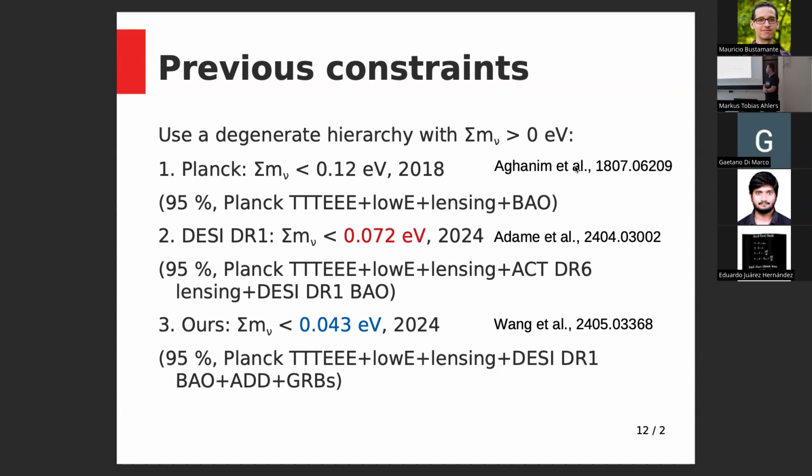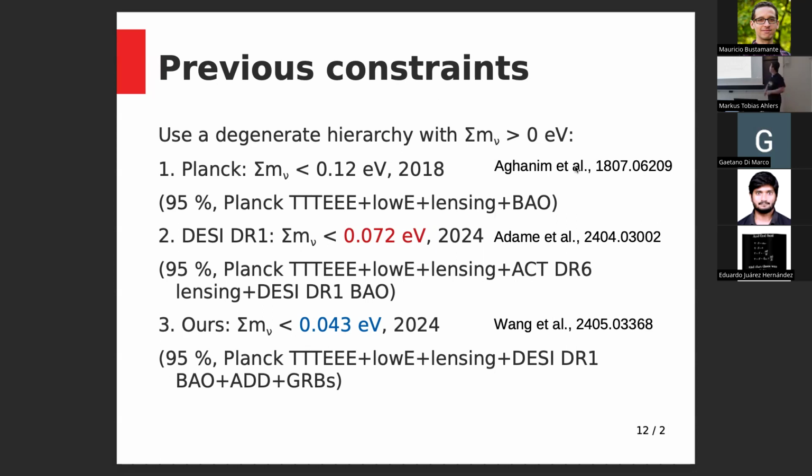In 2018, Planck gave us a tight bound, Mν less than 0.12 eV. Last year, DESI DR1, based on their BAO data and the CMB data, gave us a very tight bound, 0.072 eV.